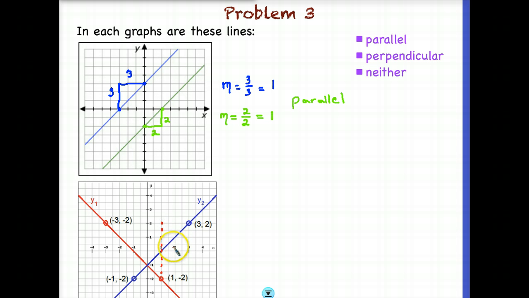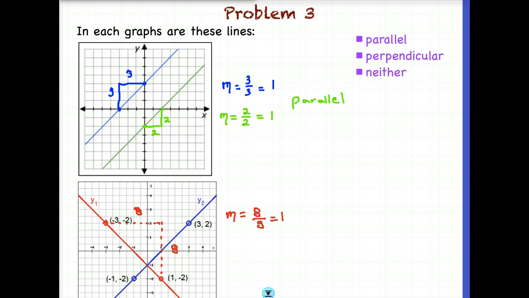So I'm going up 8 in this case. And I'm going to go over 1 to here, 2, 3, 4, 5, 6, 7, 8. So in that case, I'm also going to go over 8. Oops. So my slope for my red graph is 8 over 8, which reduces to 1.